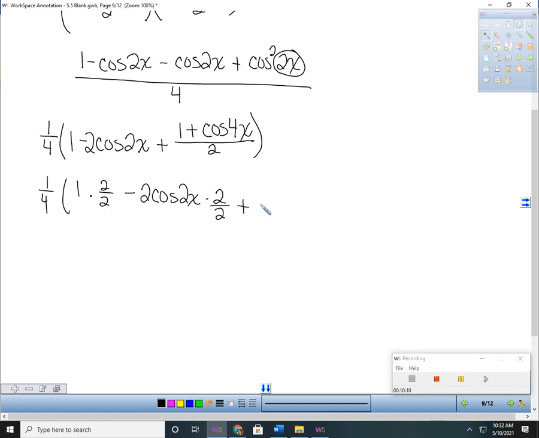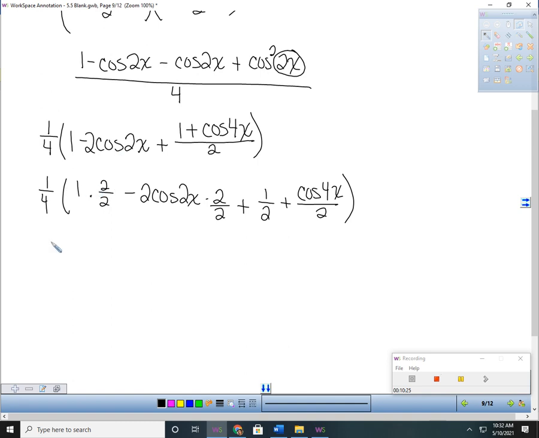plus, and then I'm going to go ahead and split this up into two fractions here. So I have 1 over 2 plus cosine 4x over 2. Now there is no reason for me to multiply this by 2 over 2 because I already have a denominator of 2.